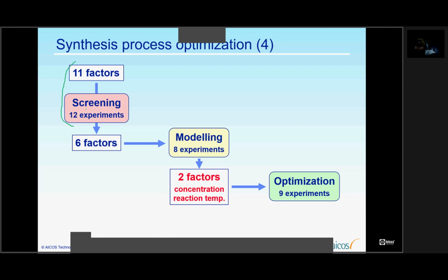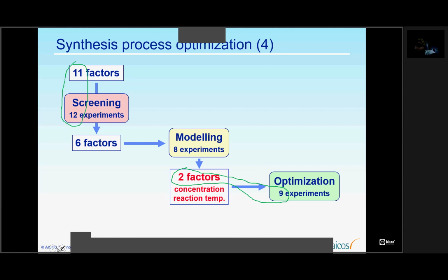So you can see the difference depending on the phase. For screening, here we have 12 experiments for 11 factors. And here we have 2 factors and we have 9 experiments. So this is why you cannot do the fine-tuning at the optimization level with 11 factors, because you certainly don't want to do hundreds of experiments to analyze things that don't play really a role.